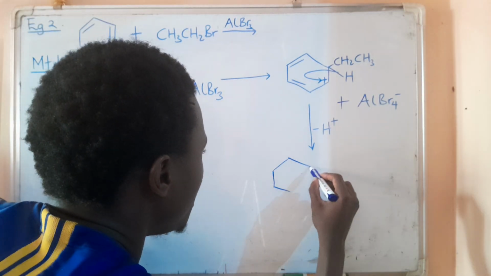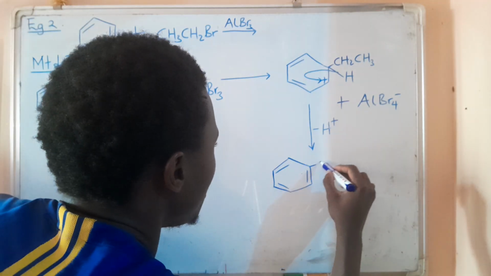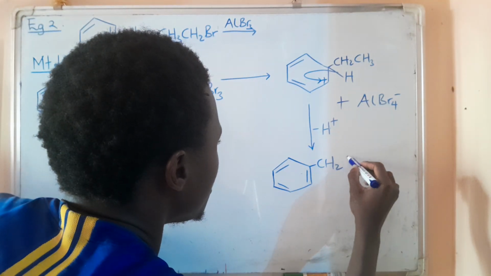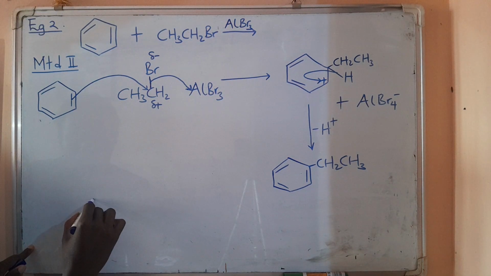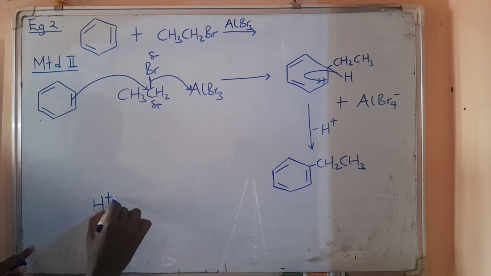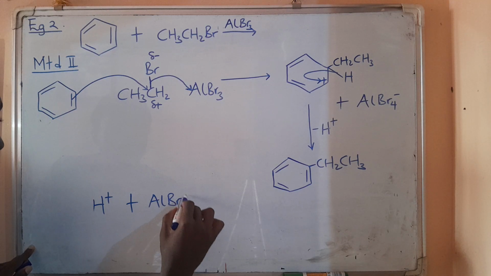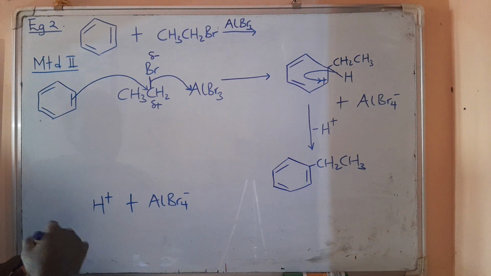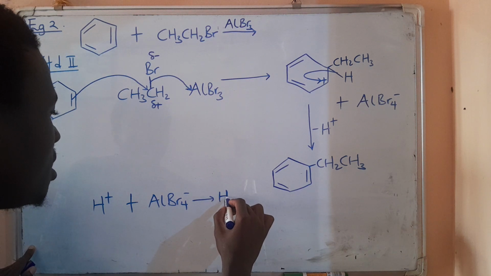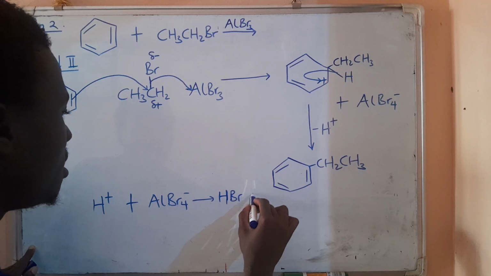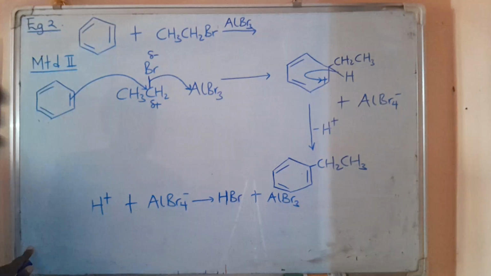Our product by the name of ethylbenzene, CH2CH3. The hydrogen ion combines with the complex. In simple terms, this complex is electron rich, it donates to hydrogen, so that we have hydrogen bromide and aluminium bromide.